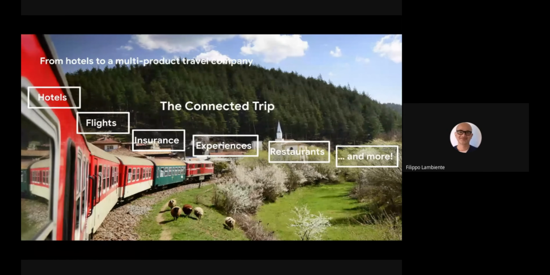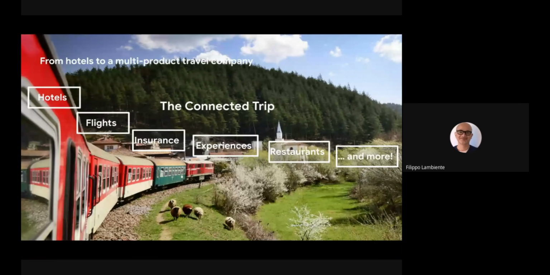This is possible because the actors involved in this cluster of affinity in terms of trips are working together, and thanks to APIs are able to offer their services in a bundle of offerings.